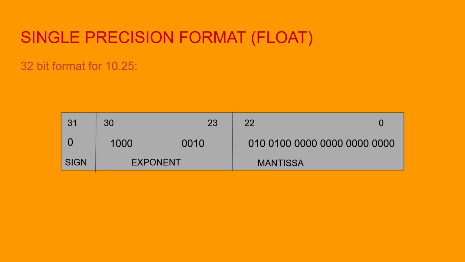And the mantissa is 01001, and the rest of the mantissa is padded with zeros. So in hexadecimal format, this single precision number looks like 4124 followed by 4 zeros. Now let's try to verify if our calculations are accurate.